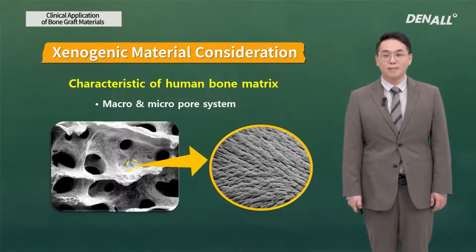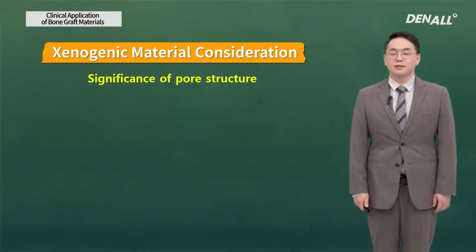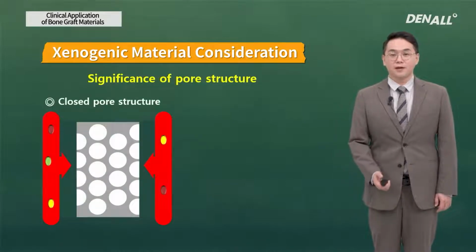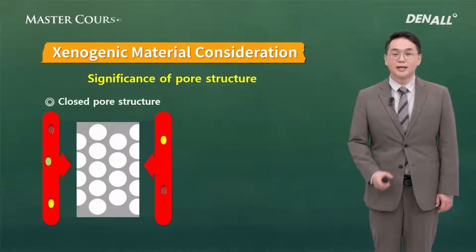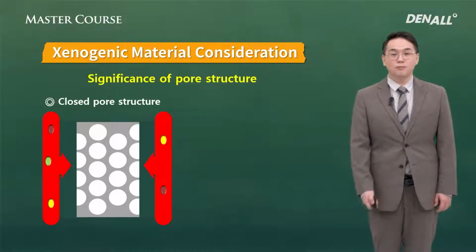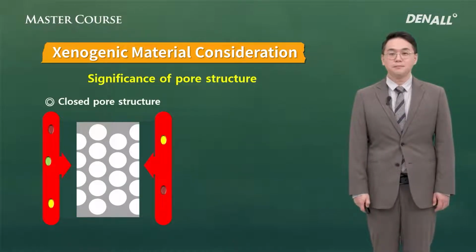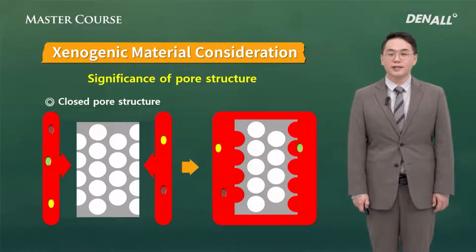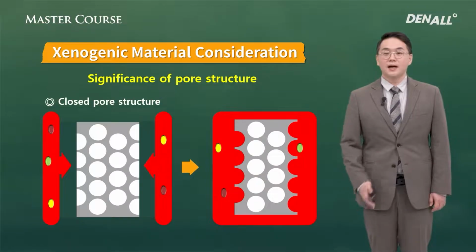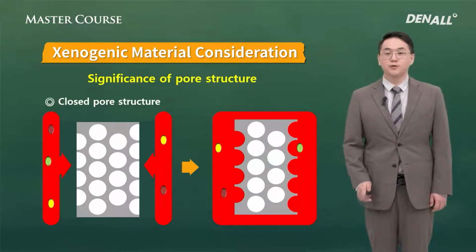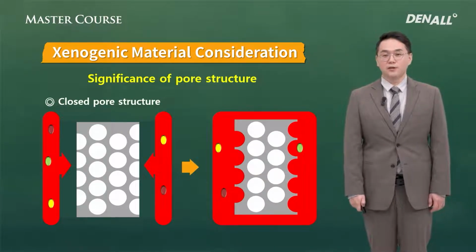The same goes for the bone materials. The bone materials that you use, if they are not connected with each other, the pore system is closed. They are not easily saturated with the blood. The blood cannot penetrate into the bone materials, so the area where cells can adhere to would be small.